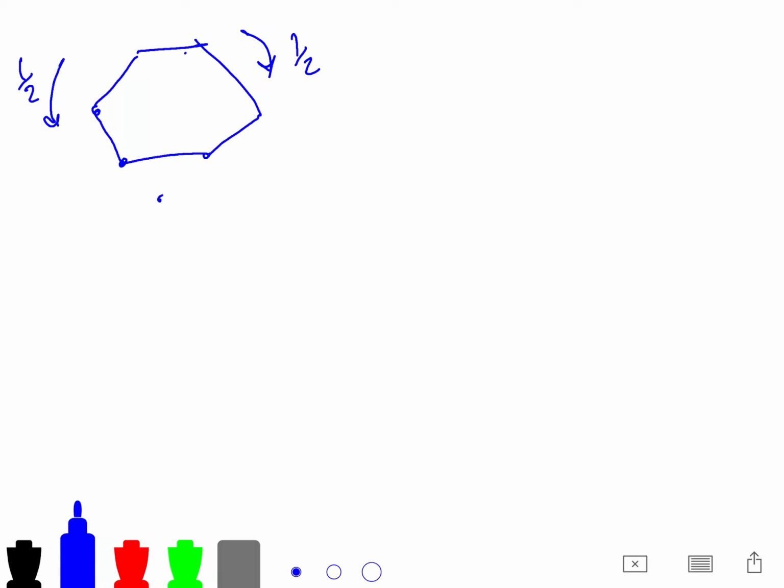So if the coin lands tails up, you move one step counterclockwise. If the coin lands heads up, you move one step clockwise. And we can define a simple random walk on G to be a Markov chain on the state space V, where P of x, y, your transition probability, is 1 over degree of x.